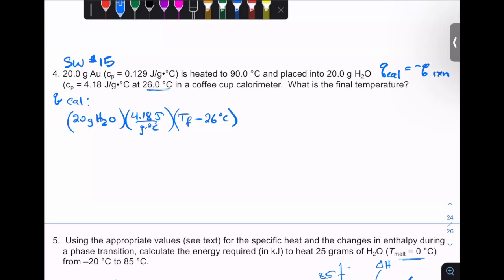And I'm going to set that equal to negative Q of the reaction. The reaction is we have 20 grams of gold. Is it 20 grams of water as well? It is. So it's 20 and 20. Okay. 20 grams of gold.